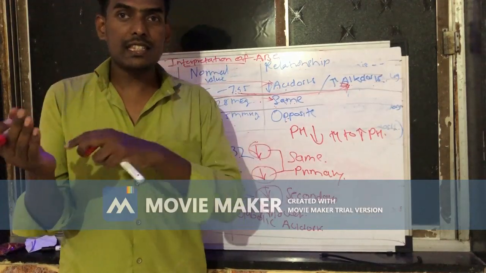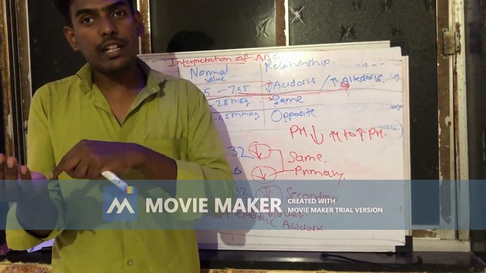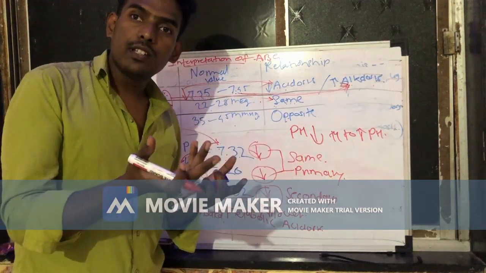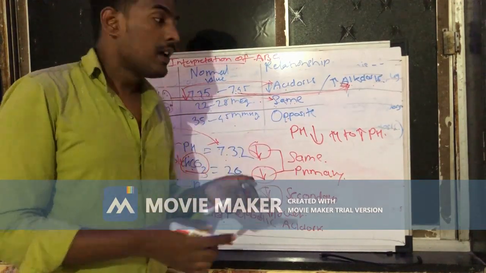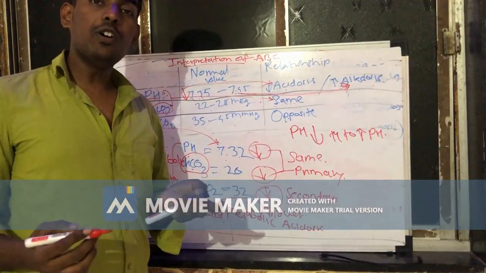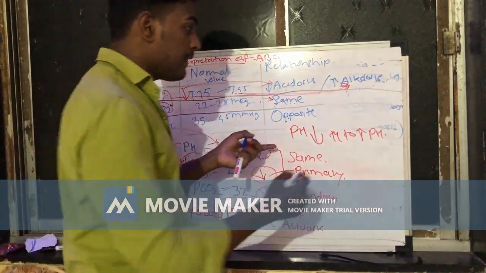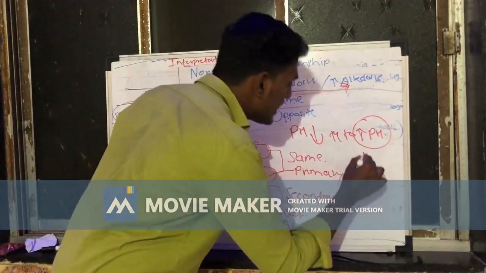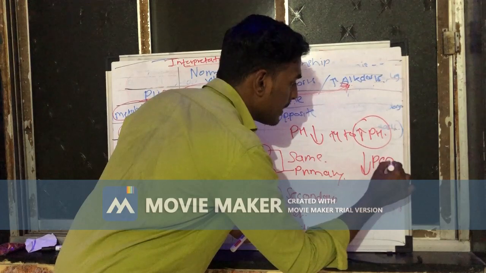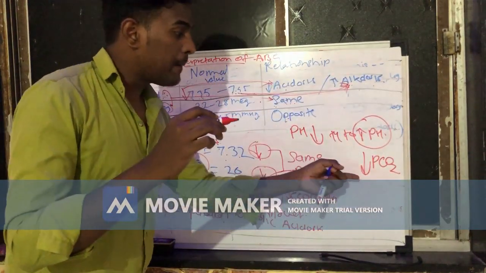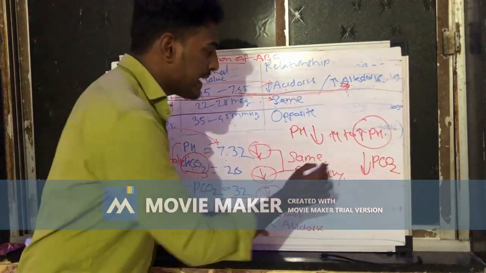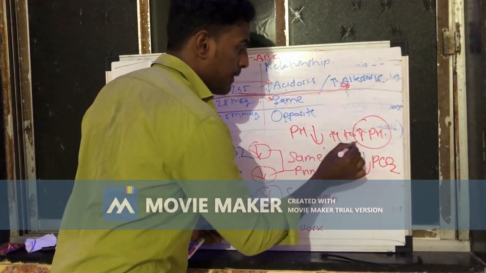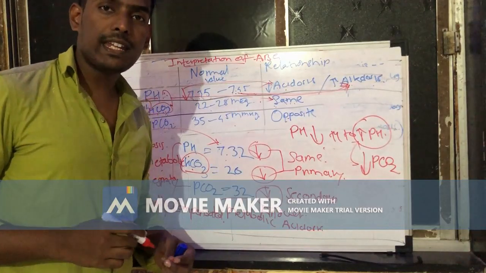So my target is that 7.3 should come to 7.35. My HCO3 is not there. PCO2 and pH should have an opposite relationship. If I want to increase my pH, I want to decrease my PCO2. If I am able to decrease the PCO2, I can increase my pH.